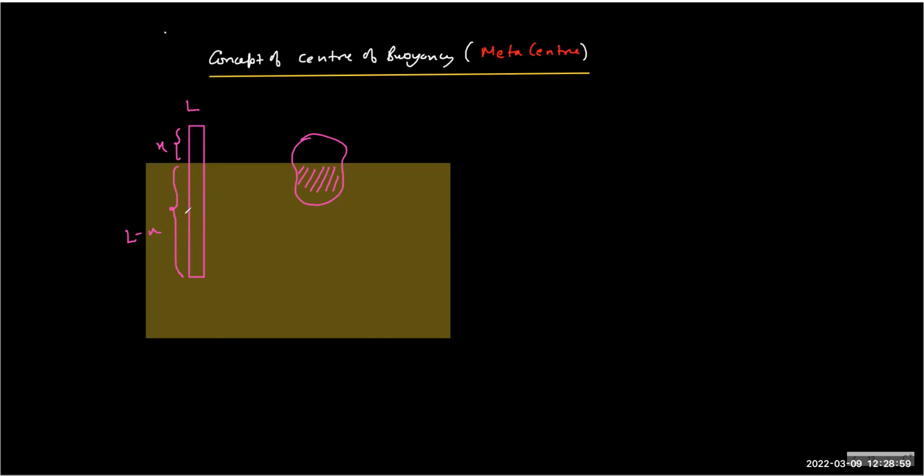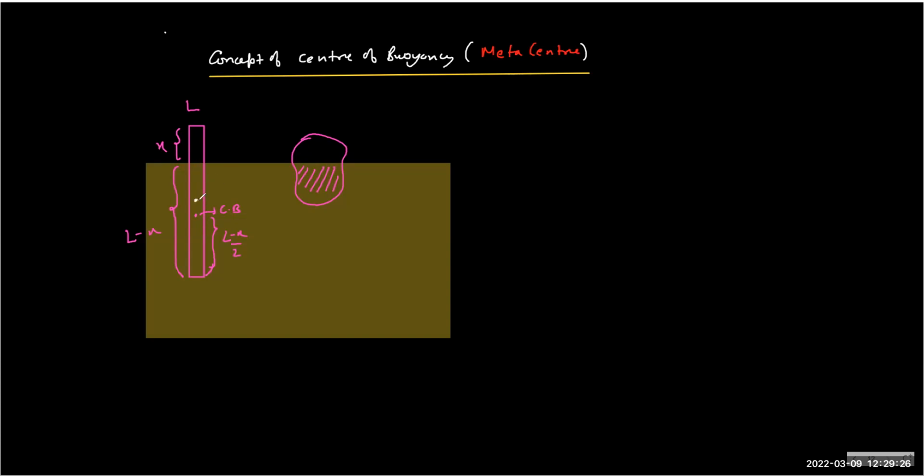So what is the center of mass of the submerged part? Somewhere here, at L minus X by 2. And this point we call the center of buoyancy. And the center of mass is the point which is exactly at L by 2.